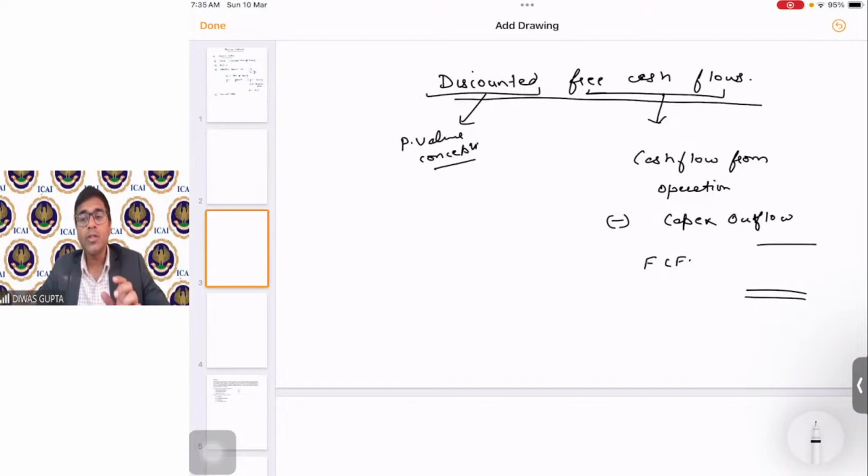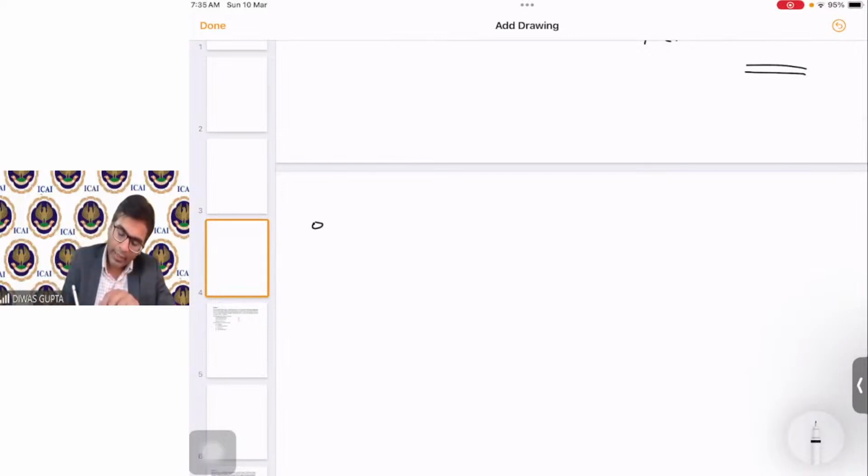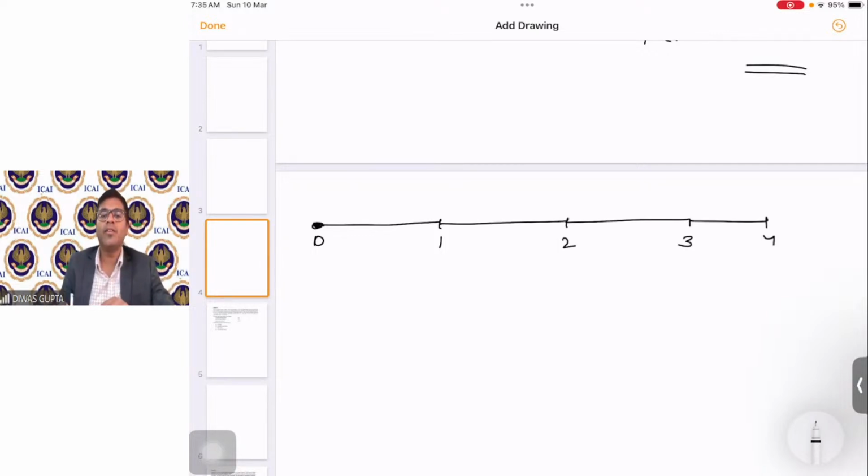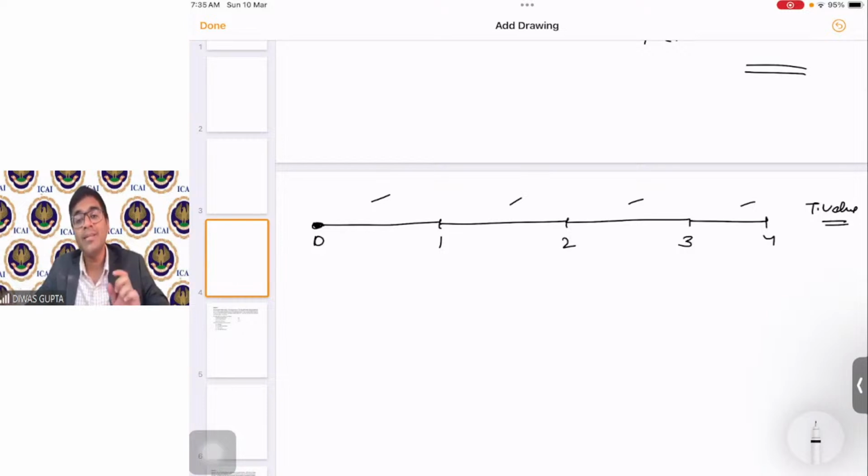In this also, the terminal value plays a role because, let's say you are sitting on 0th period, 1, 2, 3, and 4. Let's say you can estimate the free cash flows for the first year, second year, third year, and fourth year. Now, what after fourth year? Terminal value.